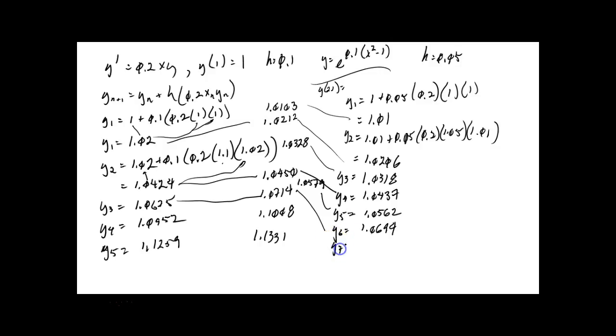Y sub 7, 1.0833, and when you plug in 1.35 to your actual value, you get 1.0857. So you're staying pretty close to the actual, but you're constantly below it.